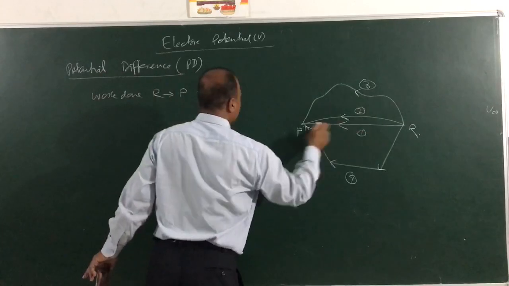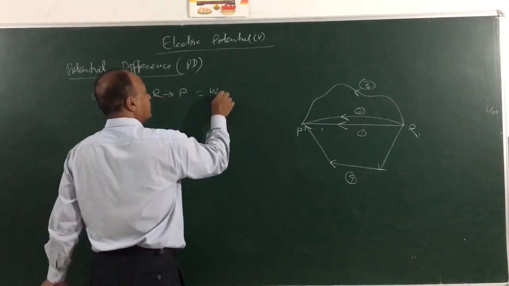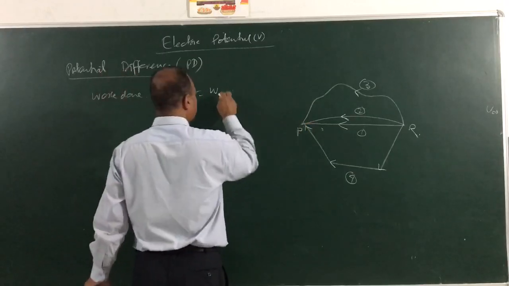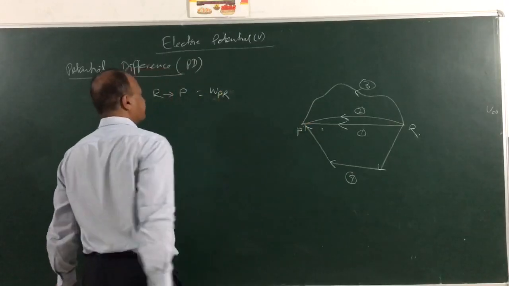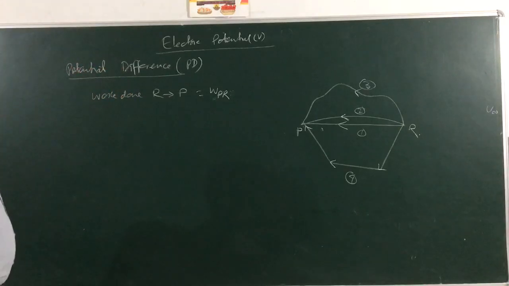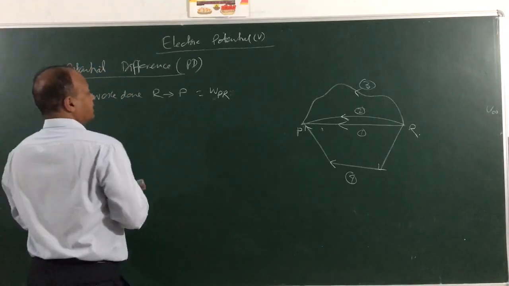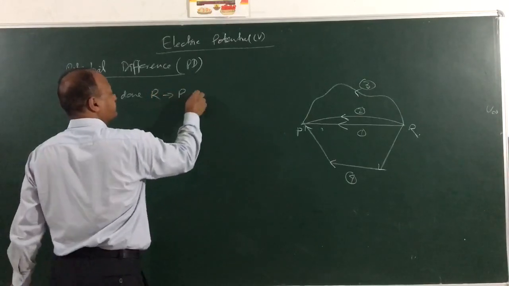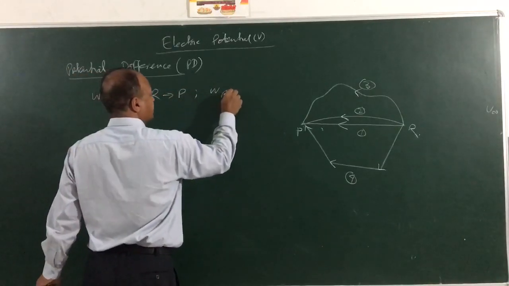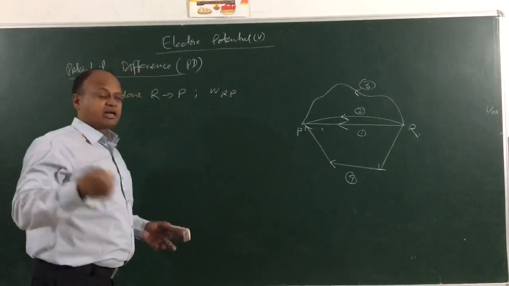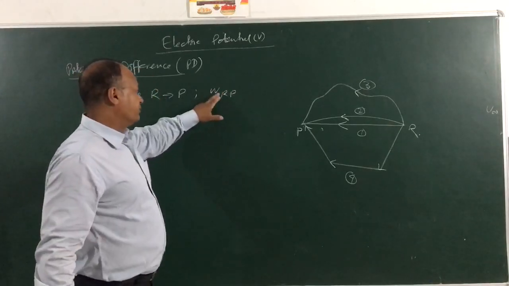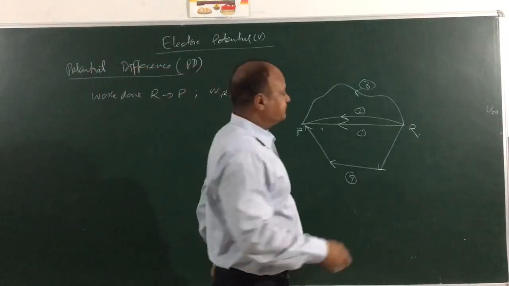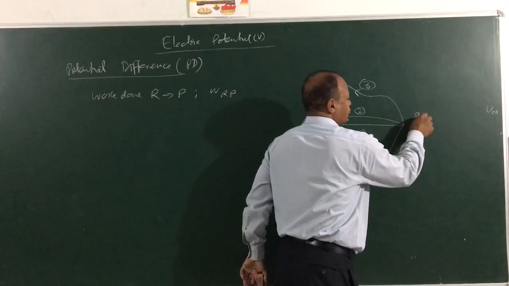We are going from R to P. Clear? Let's start from initial to the final, it's a matter of convention. We are going from R to P. Now, what charge am I transferring? Suppose I am transferring a charge Q naught.